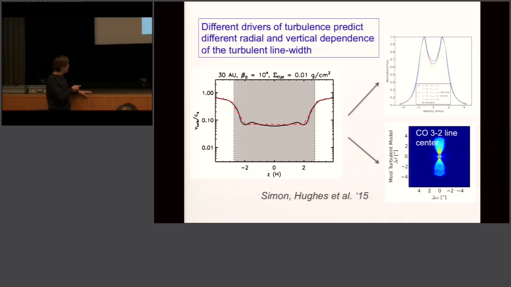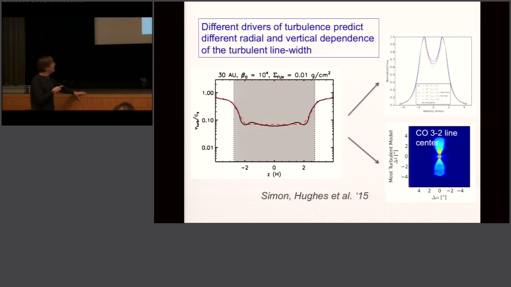So what Jake and Meredith and collaborators have done is to look at the line shapes you get from those kinds of models, and then also the maps you would see in different molecular lines, looking at different velocity channels in the data.